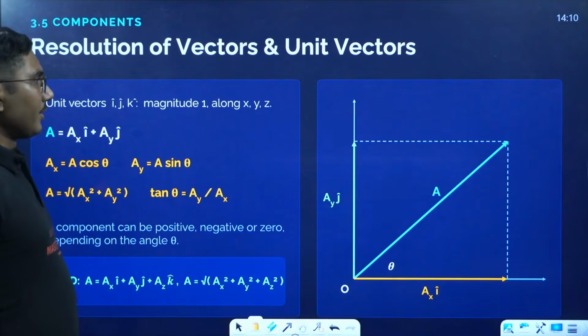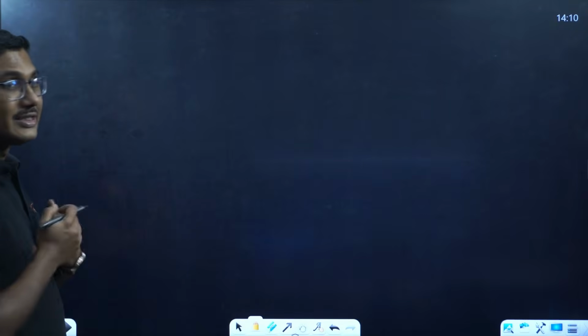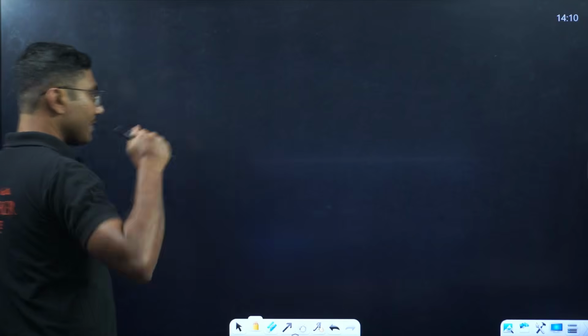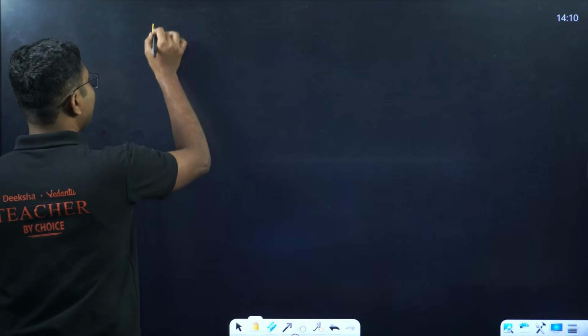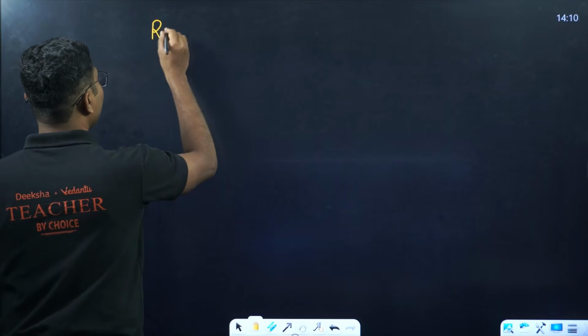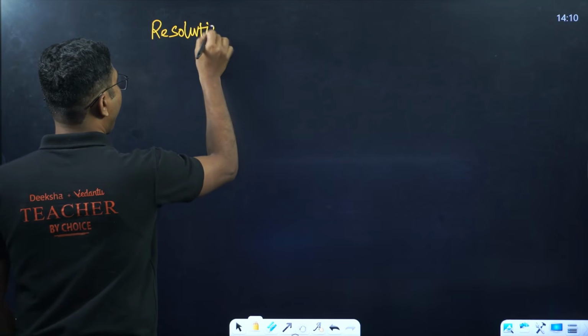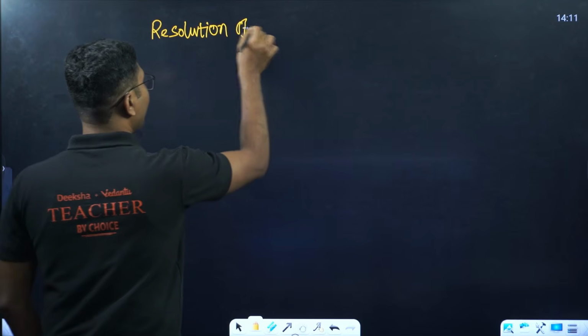Anyway, now let's move on with another very important point, which is called resolution of vector. Resolution, New Year resolution. So same with the vector. Vector has taken a resolution long back. Resolution of vectors.